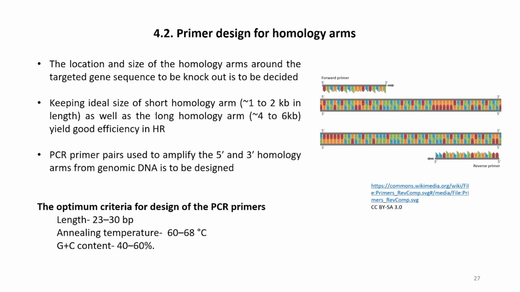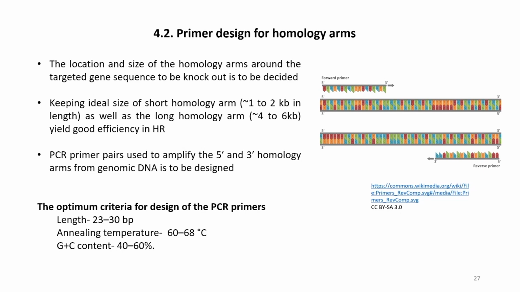And you have to remember the discussion on the short arm and the long arm we had in one of the previous slides, and the requirement of the concept which is used for primer design for homology arms.